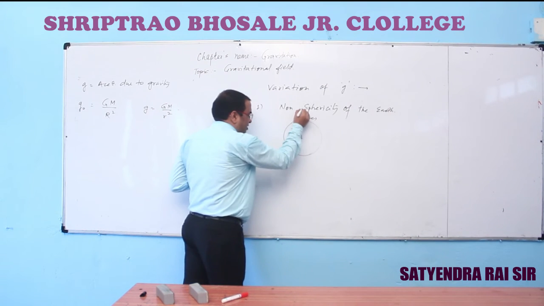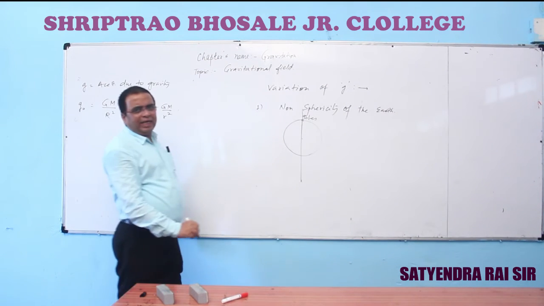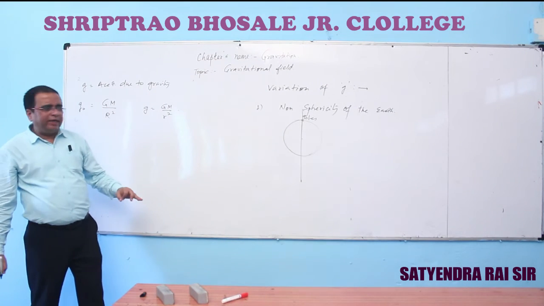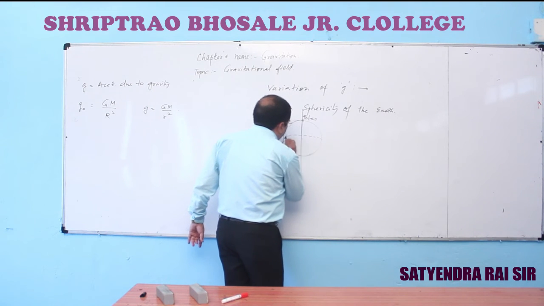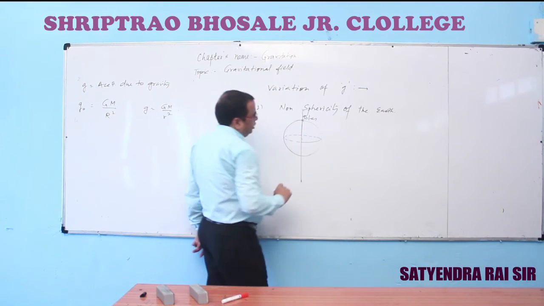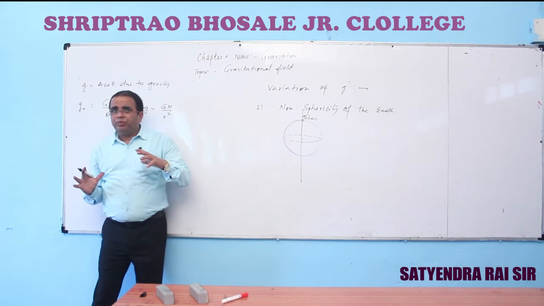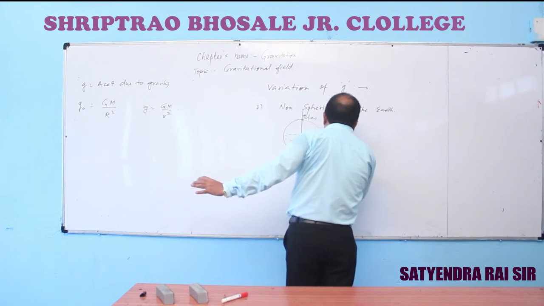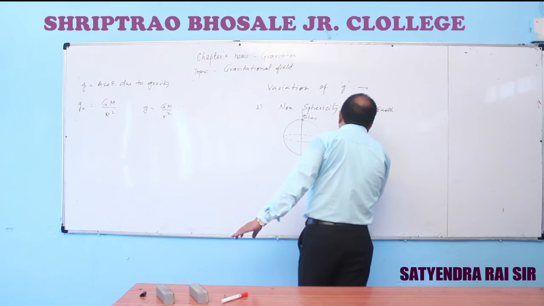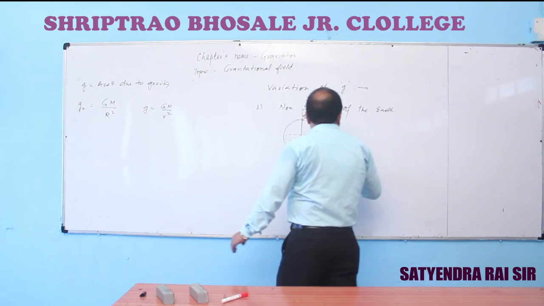This is the axis of the Earth, the geographical axis. There is an imaginary line which divides the Earth into two equal halves. This line is known as the equatorial line, or the equator.